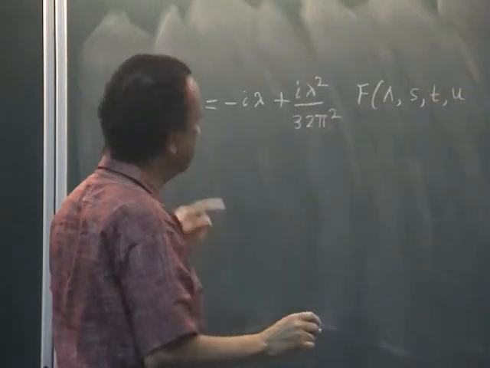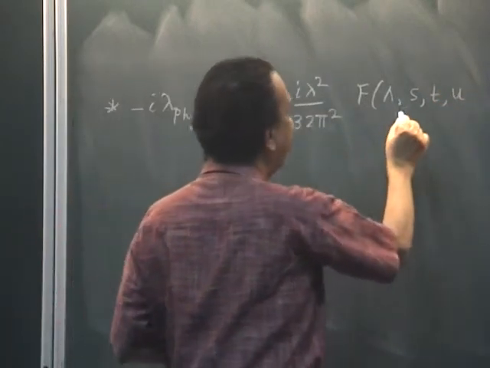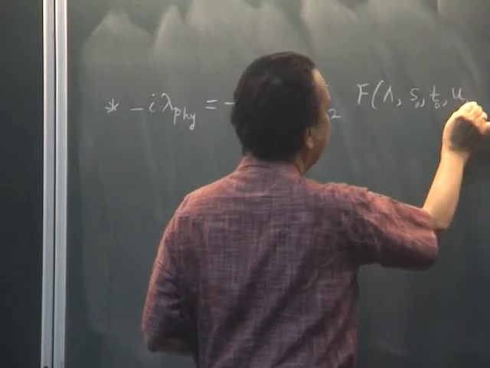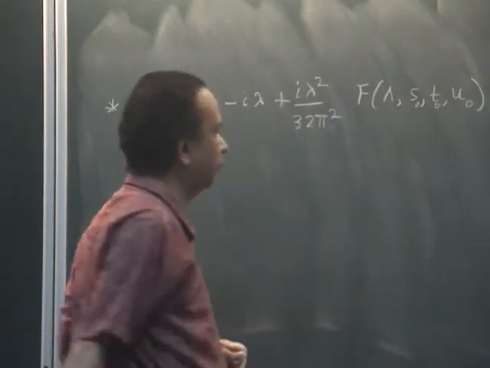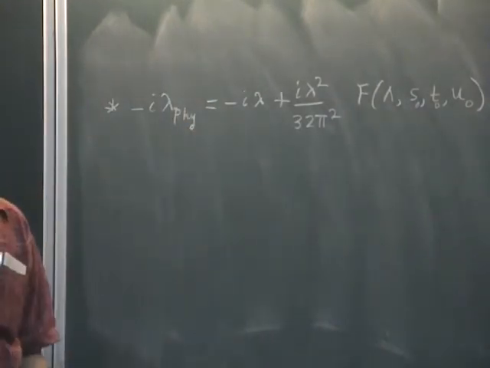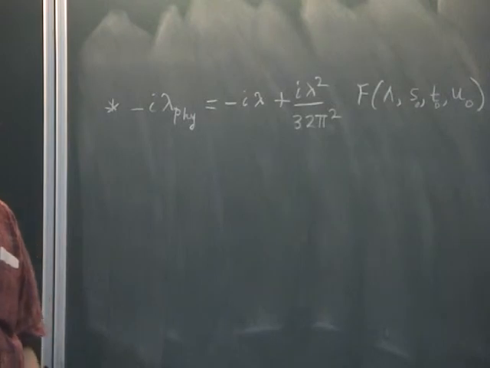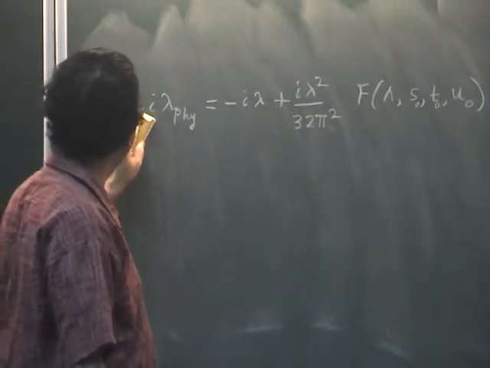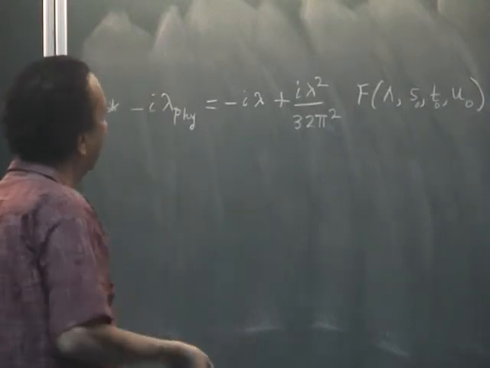So we are defining this physical quantity by evaluating this at some value s0, t0, u0. Okay. Then we solve for the parameter lambda from this. So what will I get? Actually I need minus i lambda.